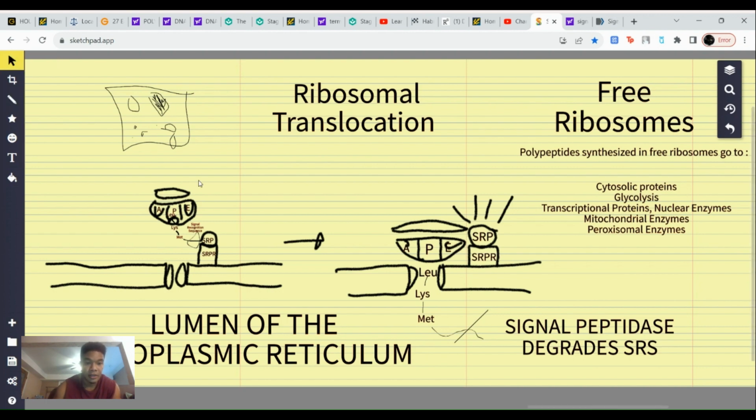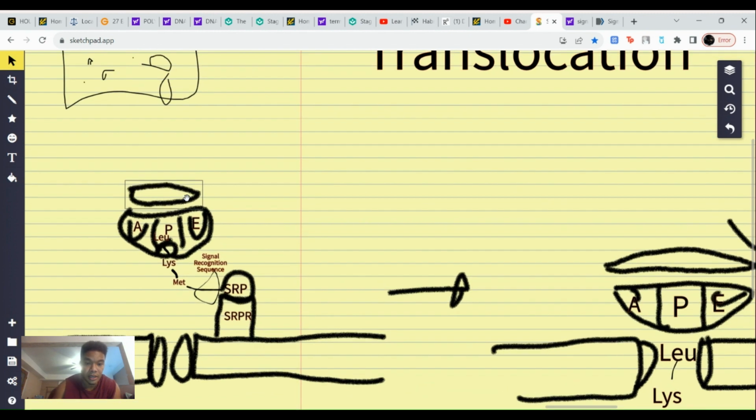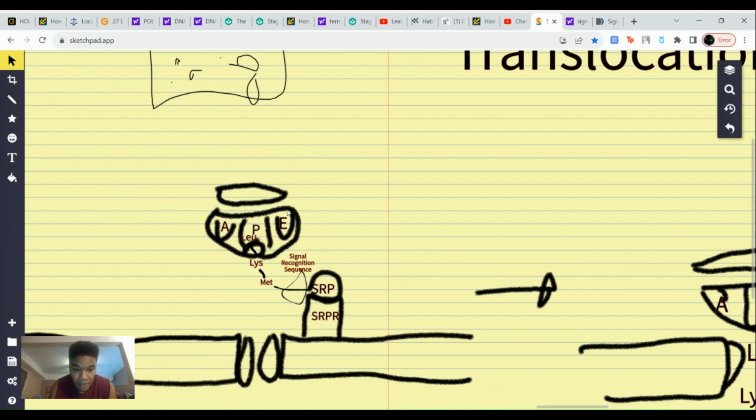You see here that the ribosome is linked. On the polypeptide that's synthesized from the mRNA, we have methionine, which is an amino acid, lysine, and I added leucine, which is this one right here, just because I want our peptide to have some length to it, just so you can better visualize what's happening.